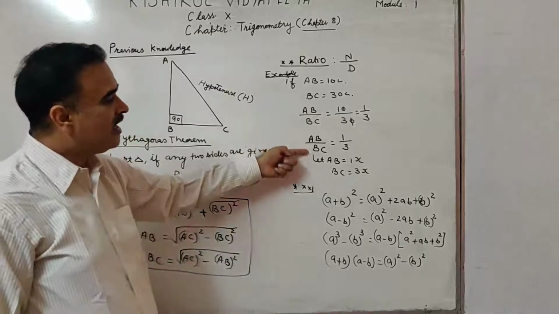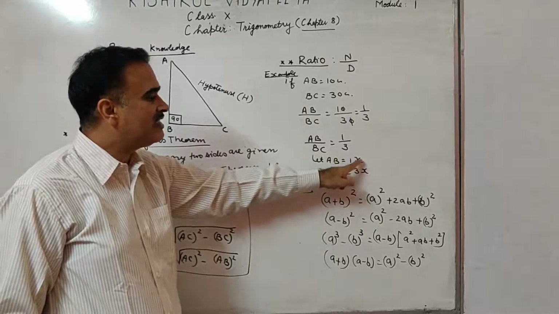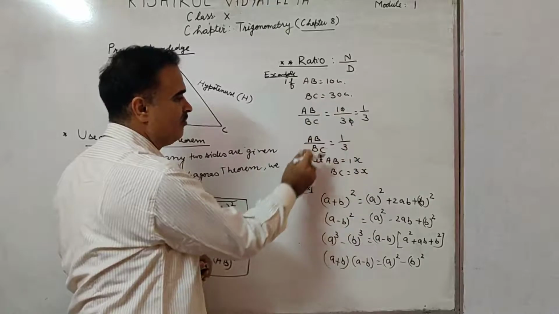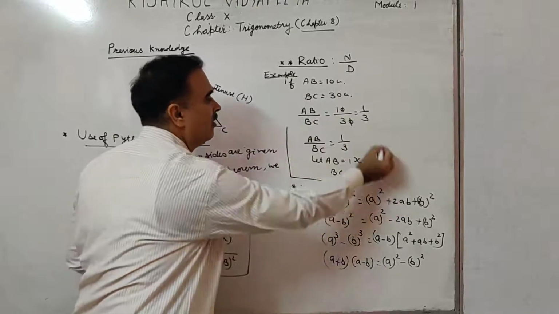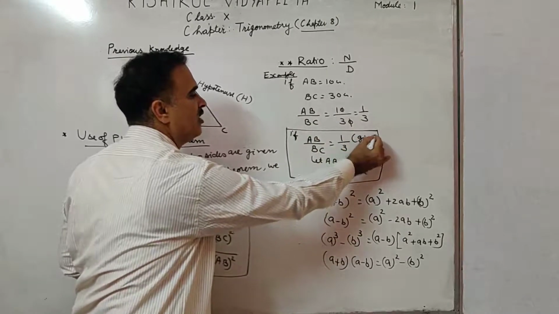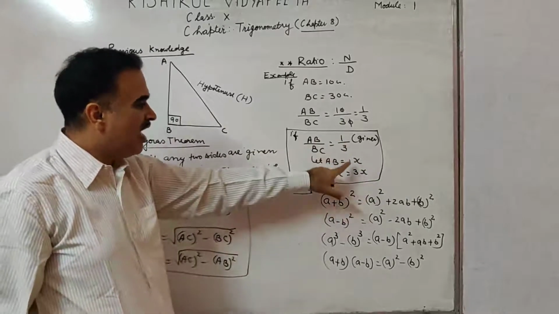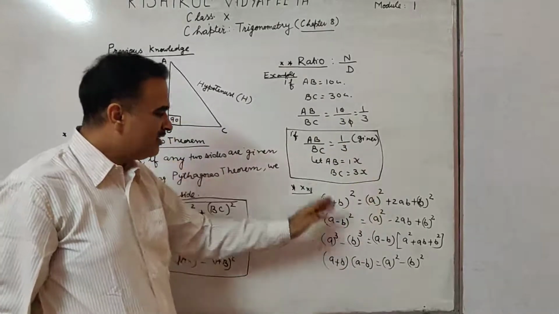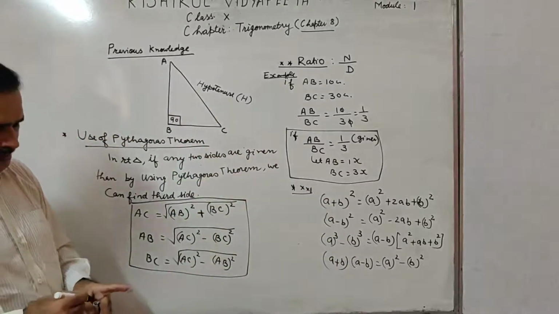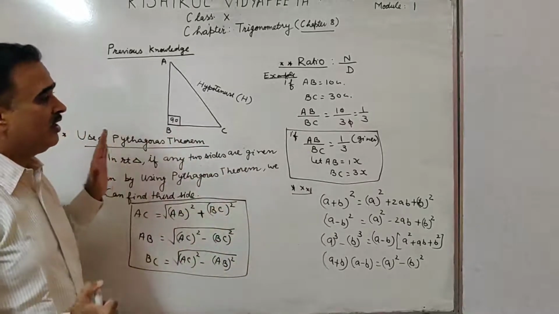If any two sides are given in ratio, always let a common multiple, that is x. For example, if AB upon BC is given, then let AB equal to 1x, BC equal to 3x. These are some identities which will be useful. I think you are able to understand this, note this, because it is very important.